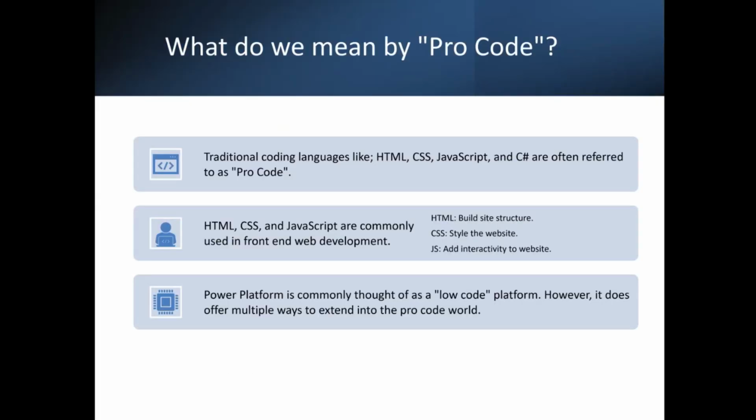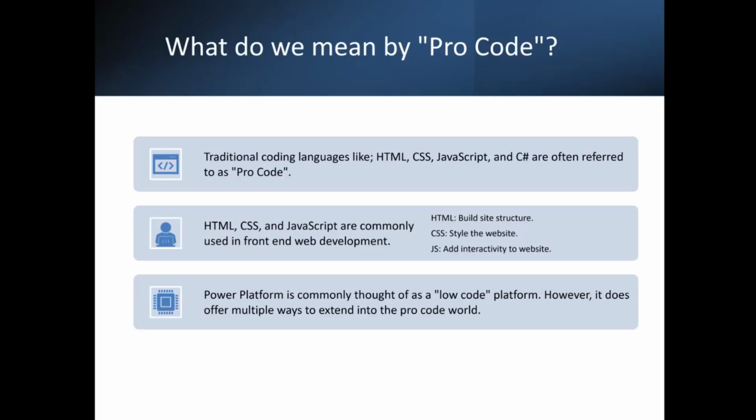Before we go on to why you might want to introduce some Pro Code into your Power Platform solution, I wanted to cover a bit about what we mean when we say Pro Code. Typically when referring to Pro Code, we're thinking about traditional coding languages like HTML, CSS, JavaScript, and C#. These are often referred to as Pro Code languages.